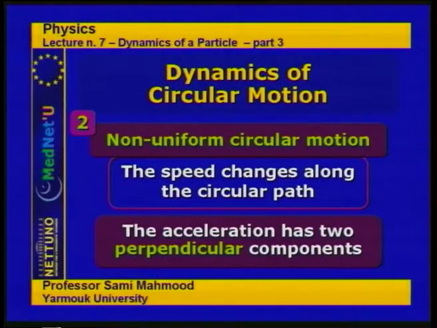And this way, in this type of motion, we will be having two components for the acceleration. One component is in the direction of the velocity, which we call the tangential component, because it is always tangential to the circular path. It's in the direction of the velocity. That is the tangential component, which is responsible for changing the magnitude of the speed of the particle from time to time.